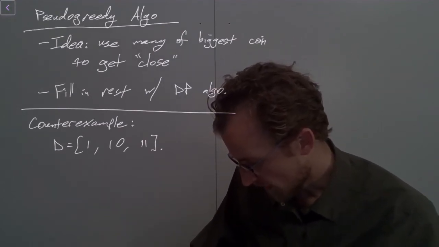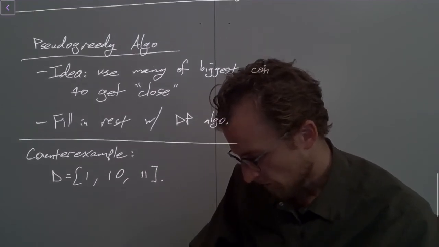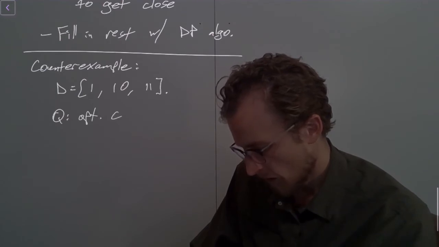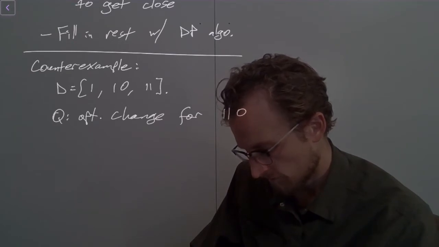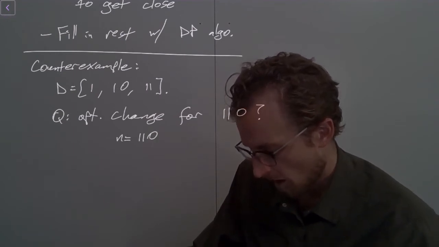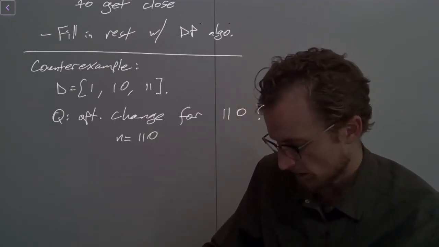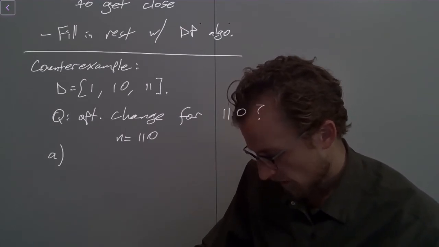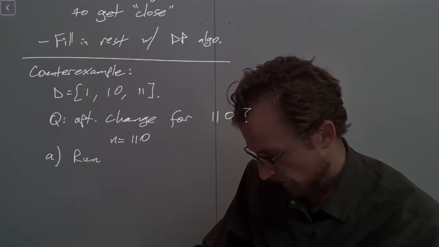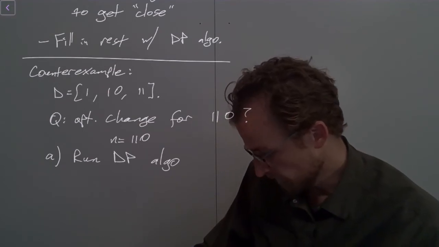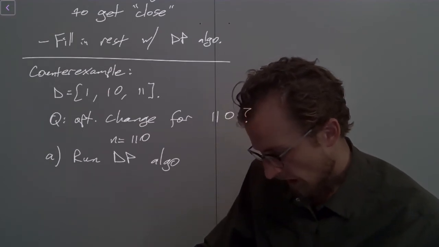Okay, so what is optimal change for 110? Here's my question. All right, so let's let n equal 110, and let's think about what optimal change is. So let's run the DP algorithm. And what will this do?